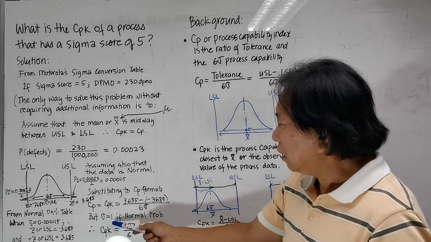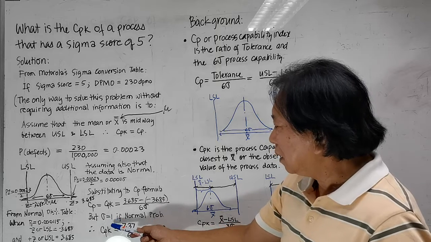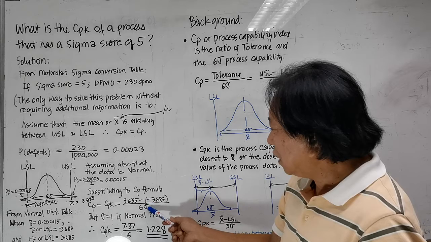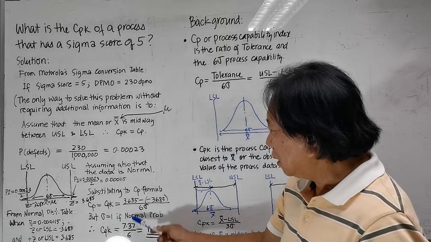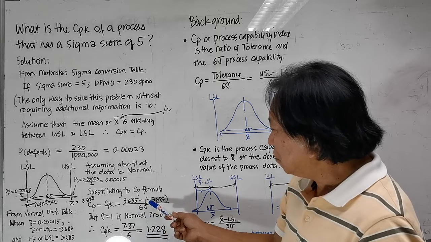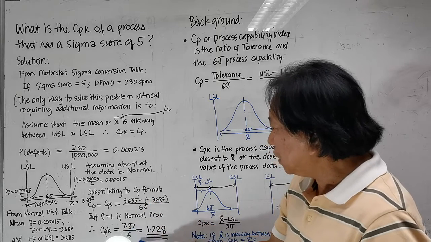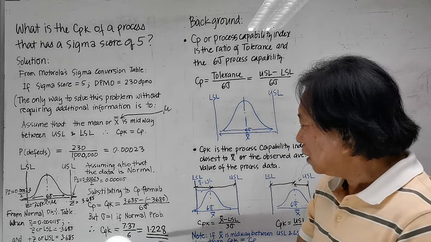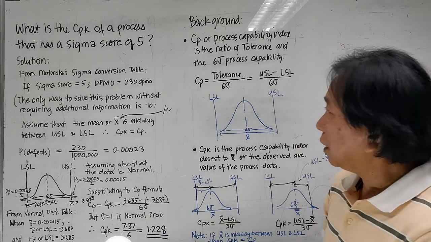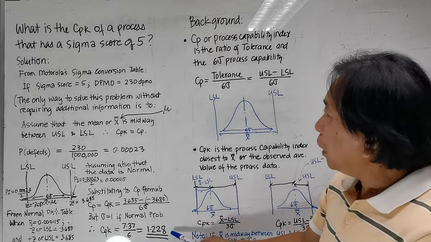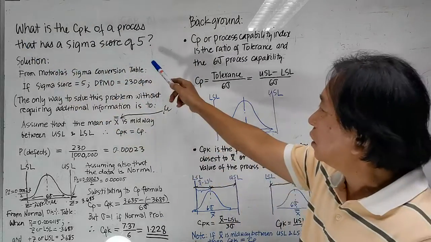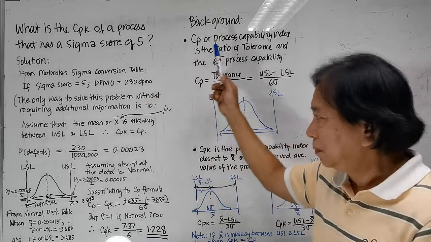So sigma is equal to 1. Therefore, 6 multiplied by 1 is 6. 3.685 plus 3.685 is 7.37. You're going to get 1.228. So 1.228 is the CPK of a process that has a score of 5.